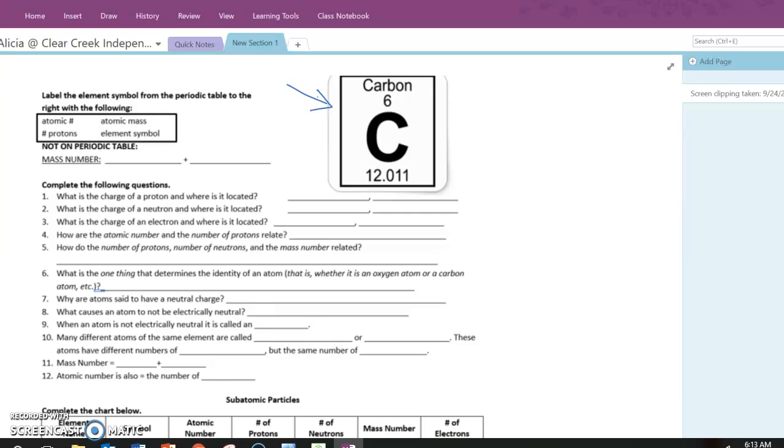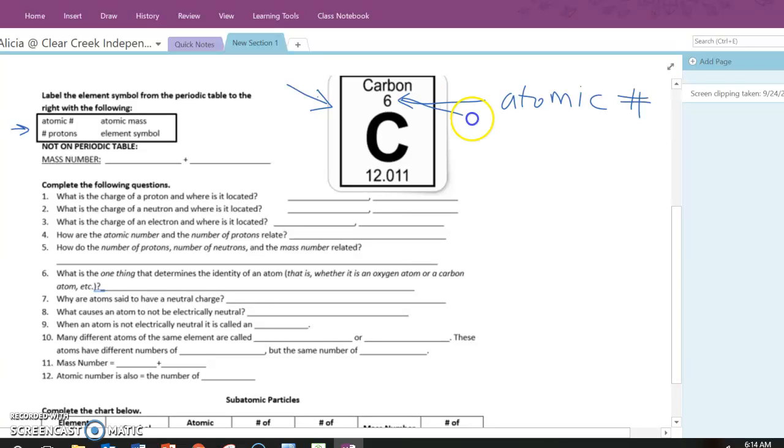Let's label this with this word bank. This number right here, that 6, two of these words on the word bank are represented by this number 6. We call this the atomic number, and we also know that that represents the number of protons.